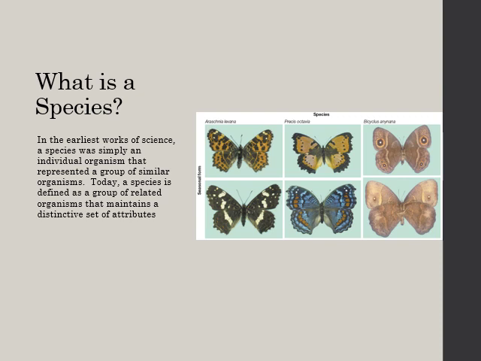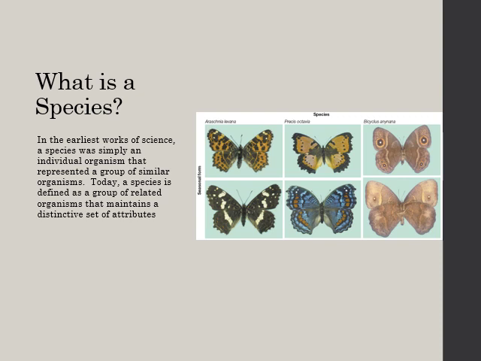But how? In the earliest works of science, way, way back, we're talking ancient Greek philosophers, they were talking about species even then. And they said a species is individual organisms that represent a group of similar organisms. That is, that thing has 4 legs and barks, we'll call it a dog.